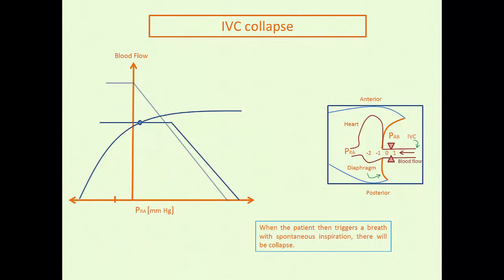And you have to interpret both of those changes in light of the patient's clinical state. If they have massive ascites and they're generating huge inspiratory efforts, well then you probably need to disregard that IVC collapse. If the patient is on 15 of PEEP and they're triggering their own inspiratory efforts, I don't know what that collapse means.